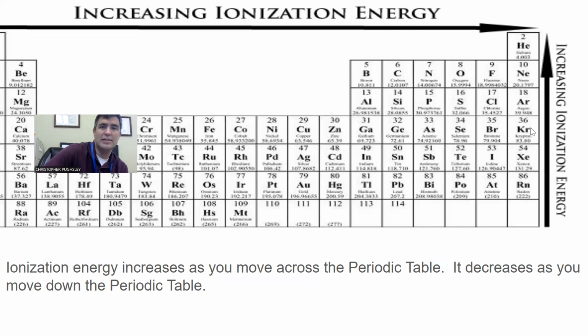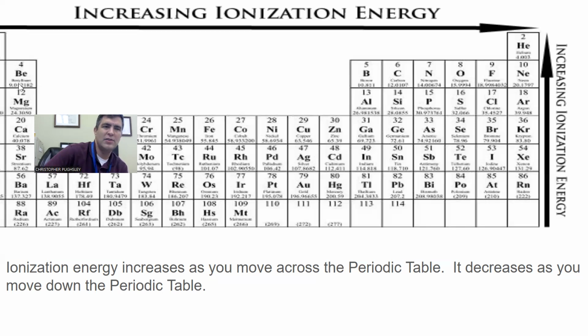Like these noble gases, they're already stable. These halogens, they're not stable. They need one more electron. And so they hold on to those electrons very tightly, and it takes a lot of energy to take one away because they want to keep that electron.